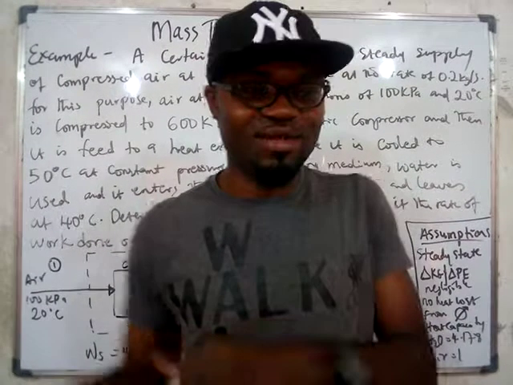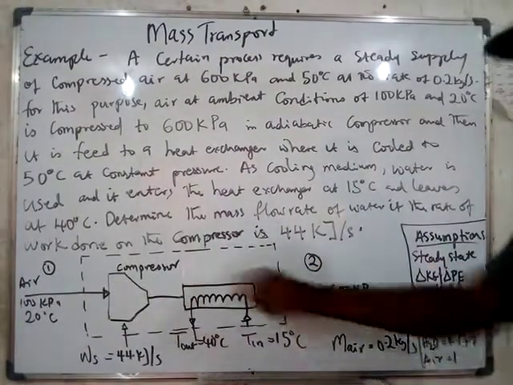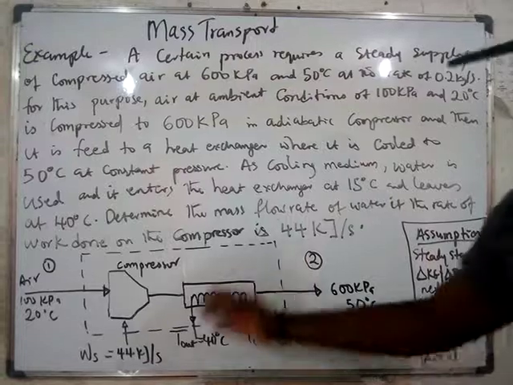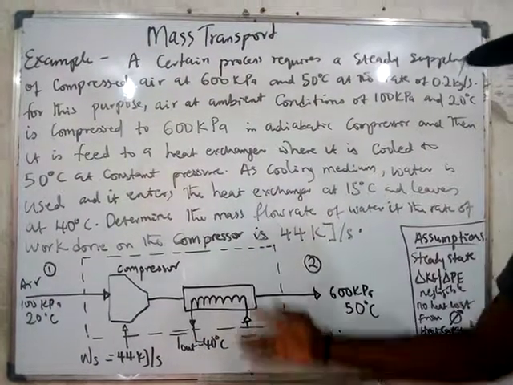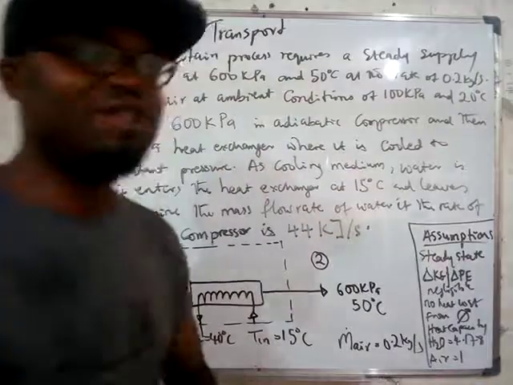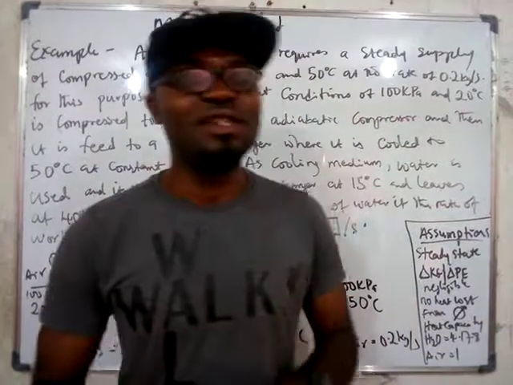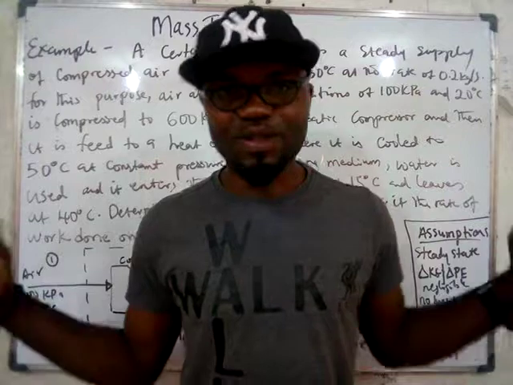You understand? What is coming in is what is going out. What is coming in here should be equal to what the water is taking out and what is coming out here. So there is no mass loss: conservation of mass, conservation of energy. Put in simple equations of conservation of mass and energy, we solve it.